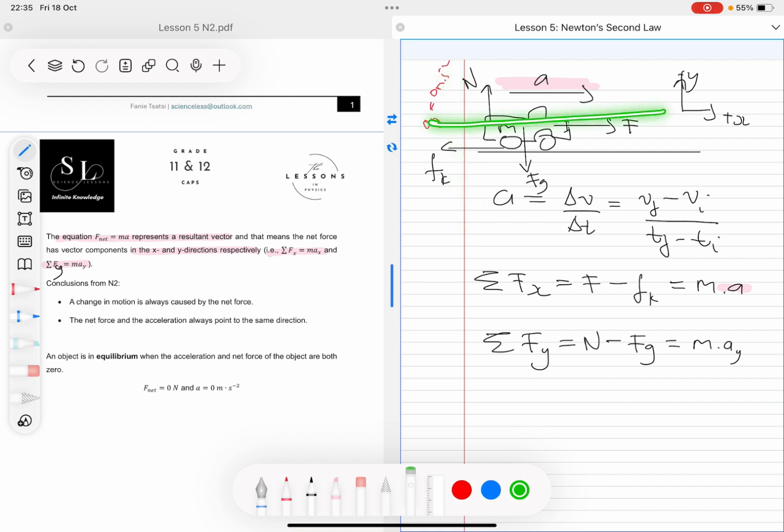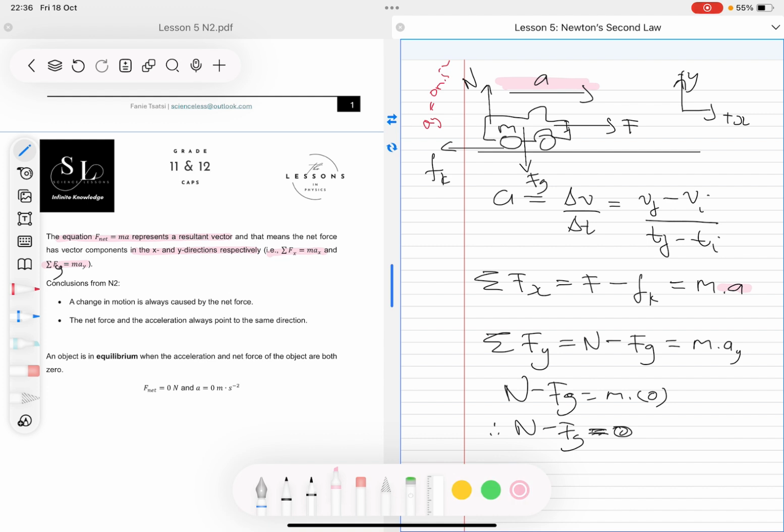It only moves in the x direction, so there's no change in velocity in terms of going up or down. It only moves horizontally. So when you look at this equation, we end up having normal force minus Fg equals mass times 0, and this equals 0, because m times 0 just gives you 0. So that's how Newton's second law should be applied. You need to apply it separately in the x and in the y direction.